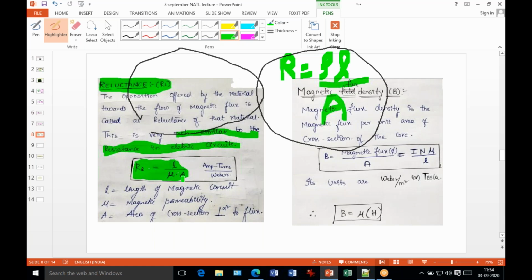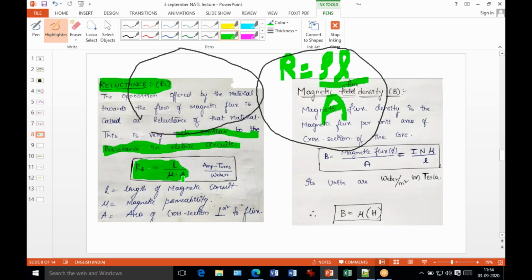The unit is ampere turn divided by Weber. And the unit of the magnetic flux is Weber. So this is the reluctance formula, L by mu A, and it is helpful for solving numerical problems.